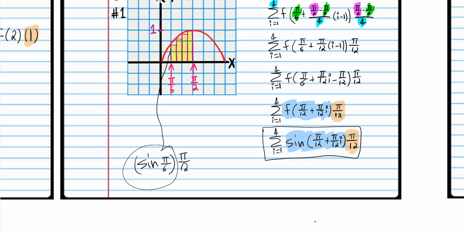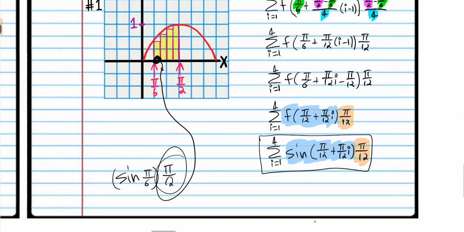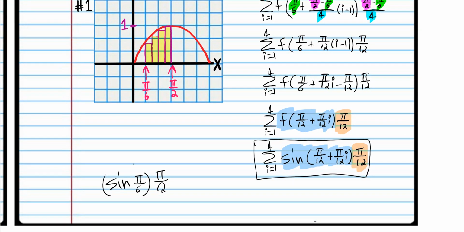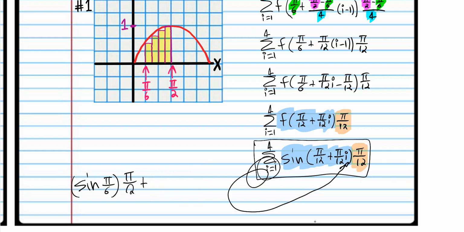This is the height of the first rectangle, and this, of course, is the width of the rectangle. So you multiply them, height times width, and you've got the area of the first rectangle. Then you plug in 2 for i, and if you do that, you get sine of pi over 4 times pi over 12.